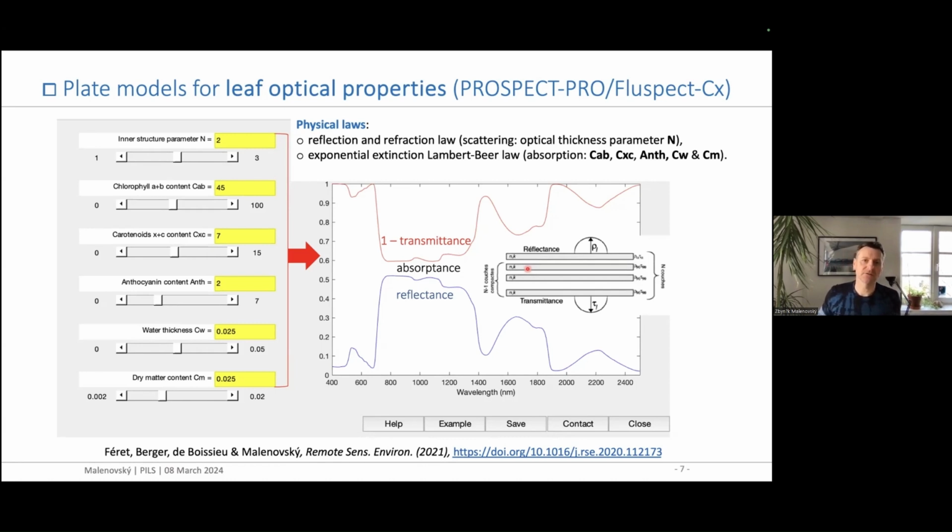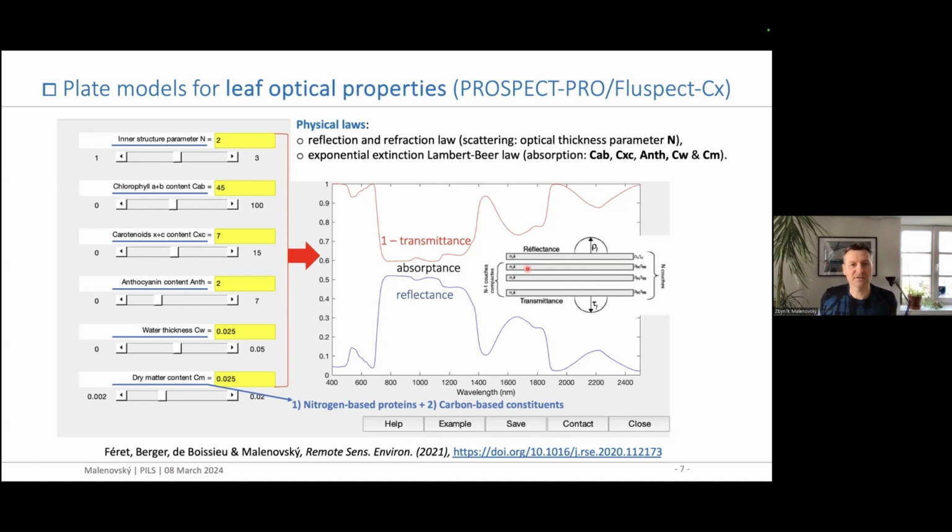And this particular model has as absorbers chlorophyll content, carotenoid content, anthocyanin content, water thickness, and dry matter content, which was recently split into nitrogen-based proteins and carbon-based constituents.